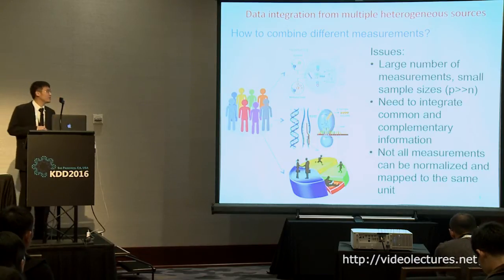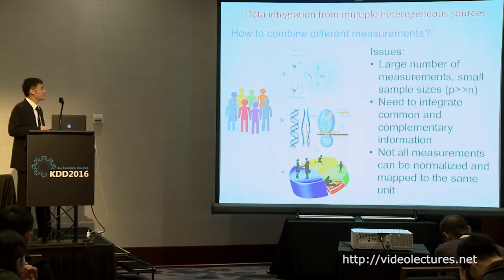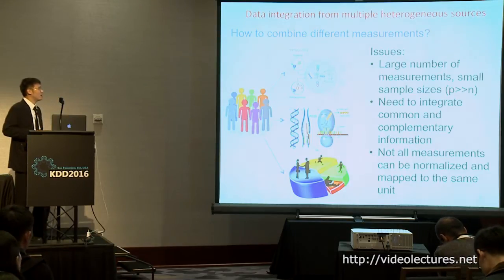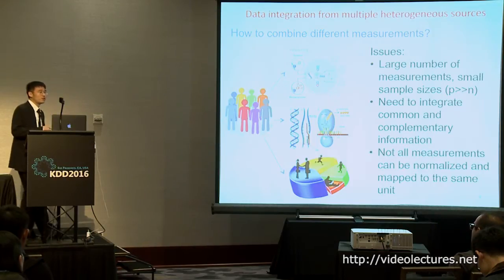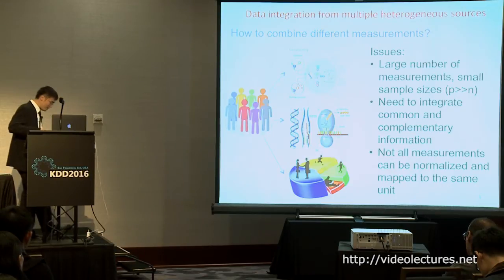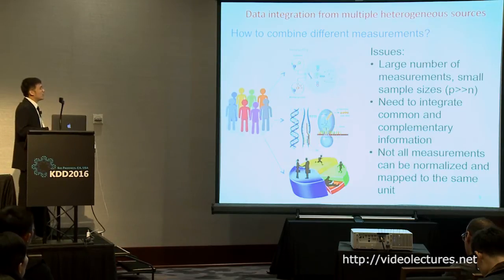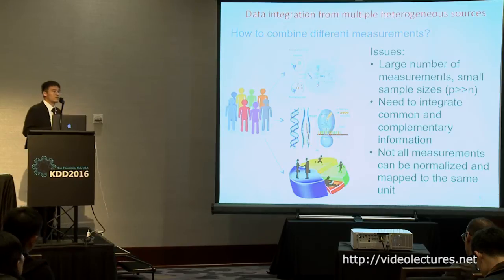The first issue is that they have a large number of measurements, but a relatively small sample size. Usually they have 10,000 different genes and also a lot of measurements in the demographics. However, usually we only have 1,000 patients.